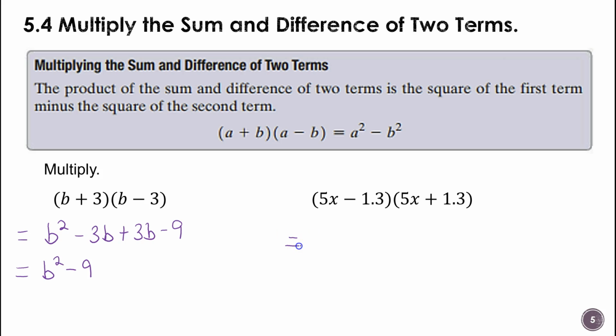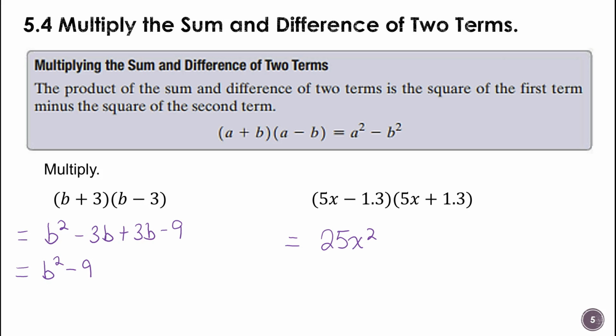So on this next one, I'm going to take 5x times 5x and -1.3 times -1.3. Well, that happens to be, I know 13 times 13 is 169. So when you do this, you just have to figure out where your decimal goes.